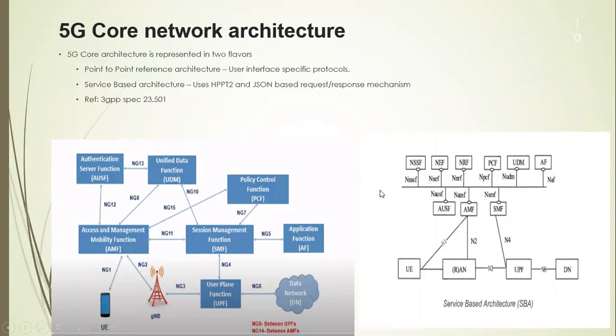Service-based architecture with HTTP2 and JSON will come into the picture in this particular area, not here. Here it is the same old protocols with some upgrades. But this area now becomes an open API, which has a lot of advantages that we will see in the coming slides.